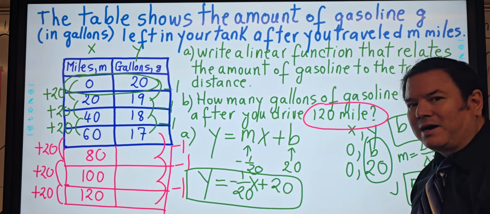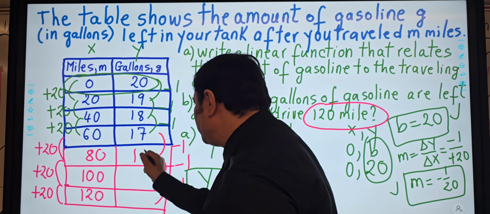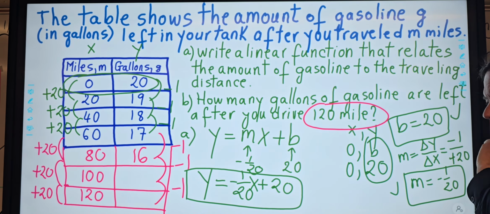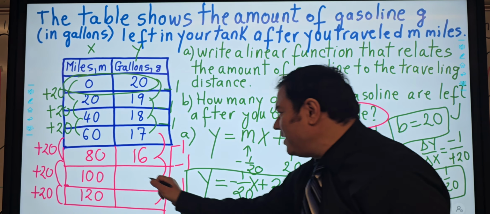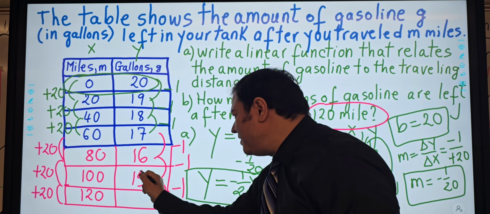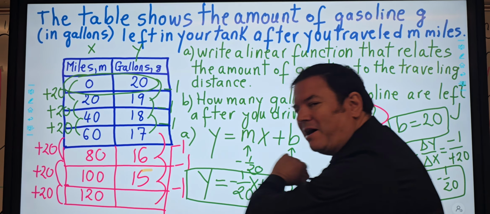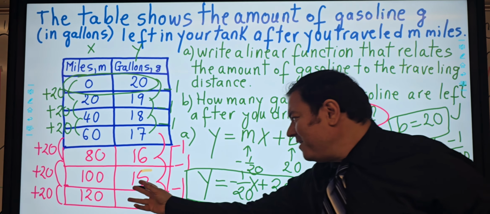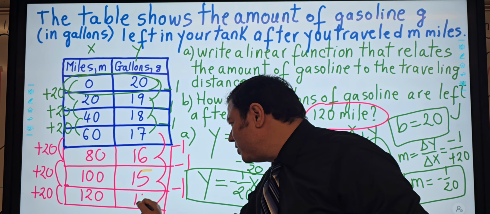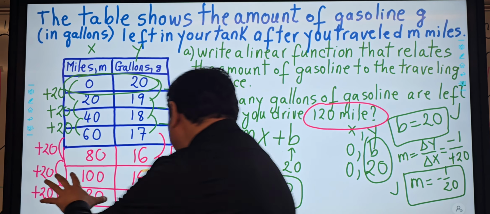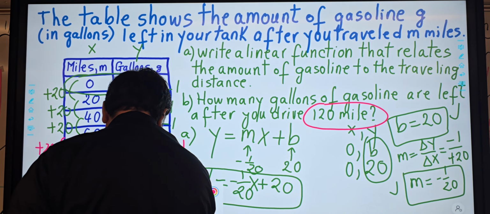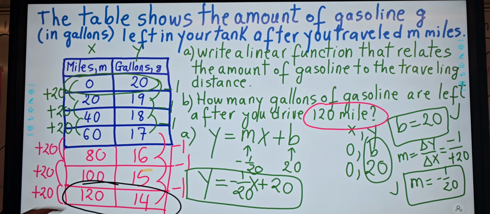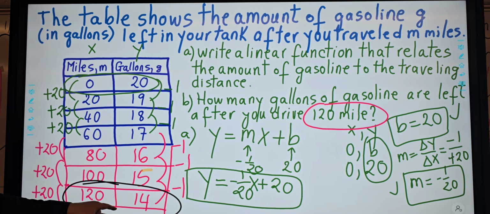Okay, welcome back, and let's take a look to see if you got the same answer. 17 minus 1 becomes what? 16. So at 80 miles, you have 16 gallons in your tank. 16 minus 1, 15. At 100 miles, you have 15 gallons in your tank. And finally, 15 minus 1 is 14. So at 120 miles, we are left with how many gallons? 14 gallons.